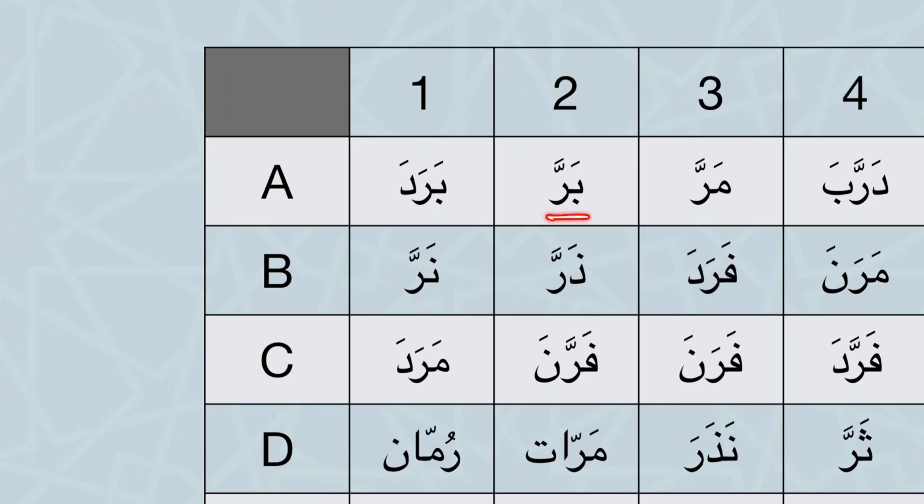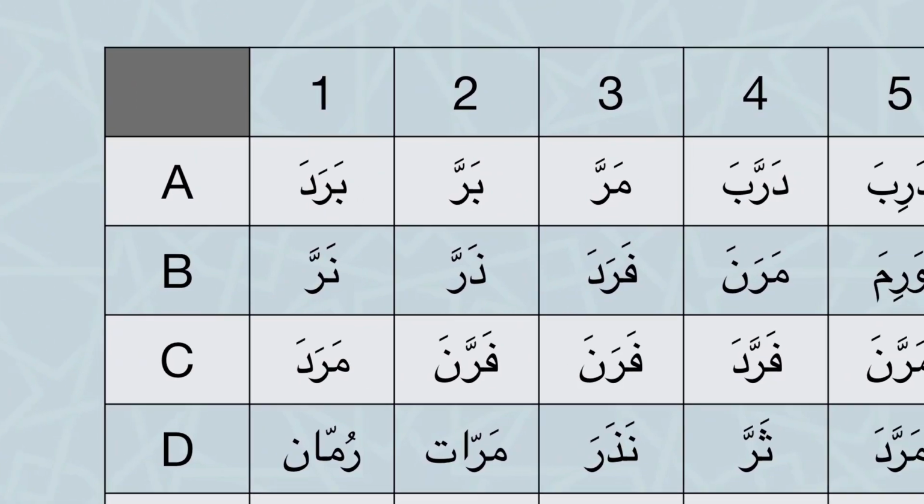Now this one has a shadda, and remember we said when it has a shadda, it's a trill, like rrr. So I would say this is barra, barra, barra. This one, the meem has a fatha, and the re has a shadda fatha. So it's marra, marra, marra.